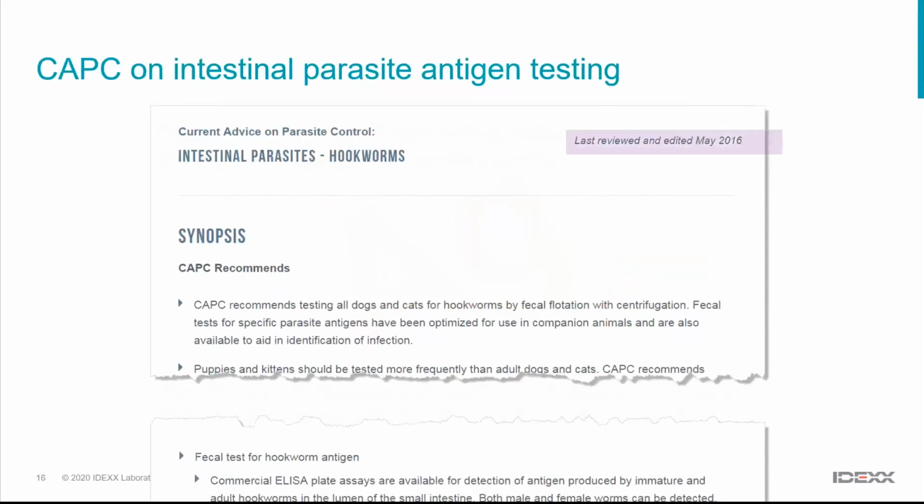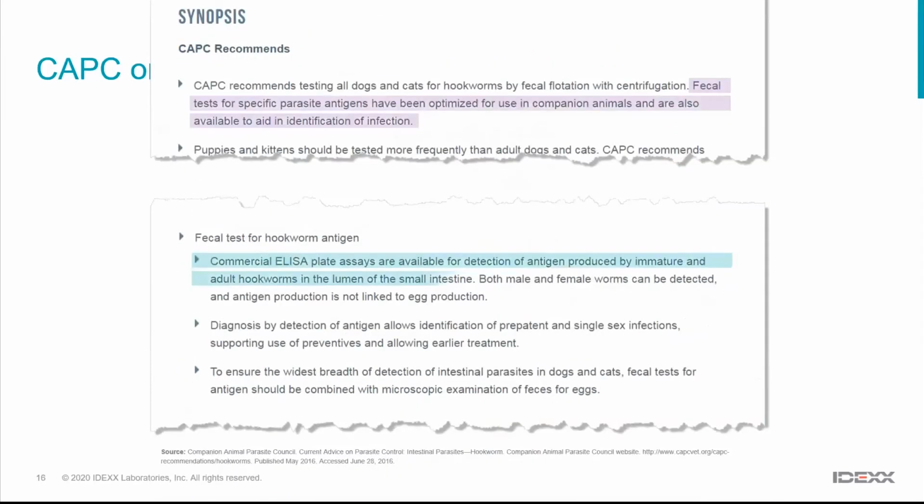So the Companion Animal Parasite Council have given some recommendations on these. They say that, if we start with hookworms, if you're doing the more routine parasitology, we're better off doing the flotation with centrifugation. But they also suggest that the commercial ELISA assays are going to give us an extra layer of information, because they're not linked to egg production.